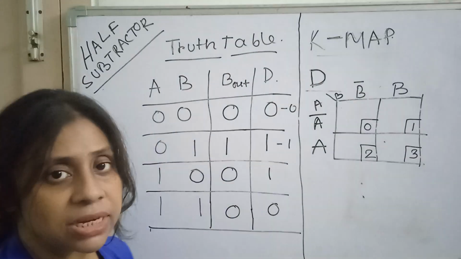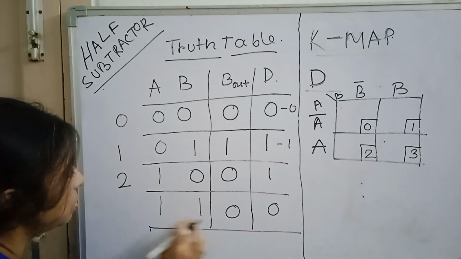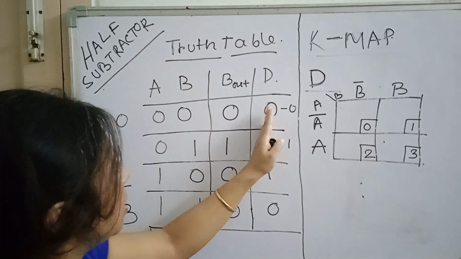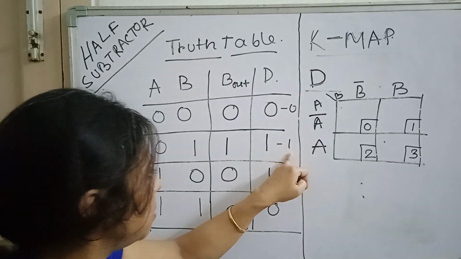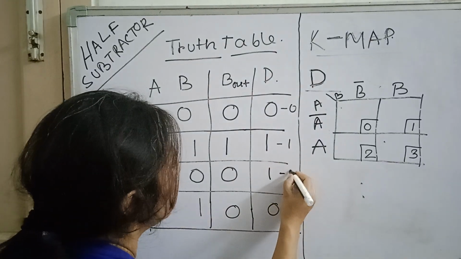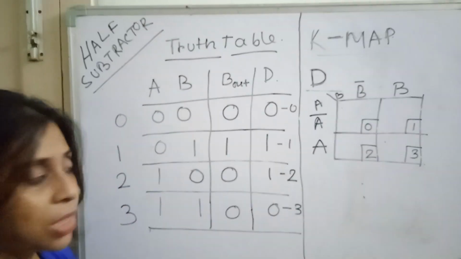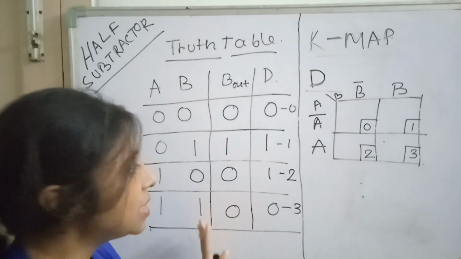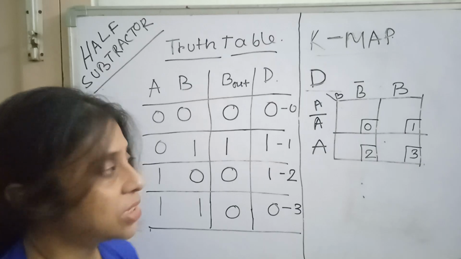So 0-0 means decimal 0, 0-1 means decimal 1, 1-0 means decimal 2, 1-1 means decimal 3. This is for input combination 0, this for 1, this for 2, and this for 3. While putting these values in boxes, we need to maintain this orientation.